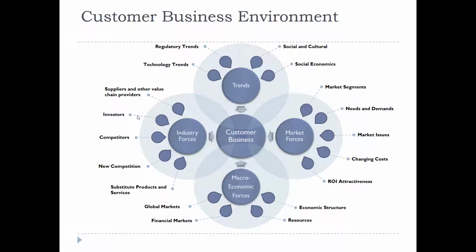And are there substitutes of products and services that make that customer worry more about how to deal with those problems? The macroeconomic forces are clear. What are the global markets? You might not think that these smaller companies have any issues associated with that, but I know that they do.